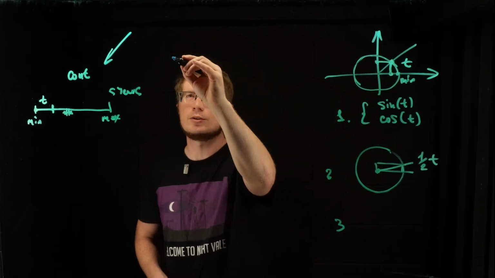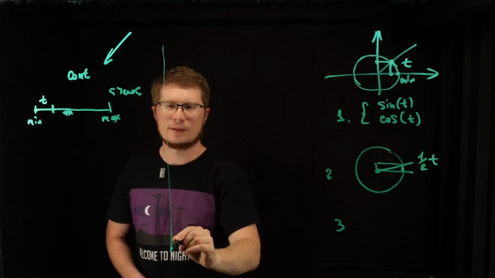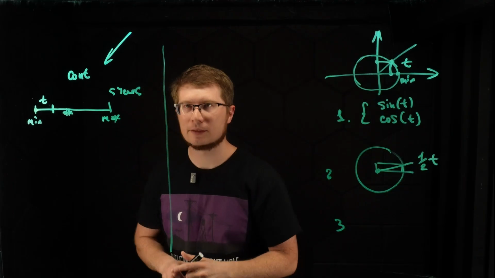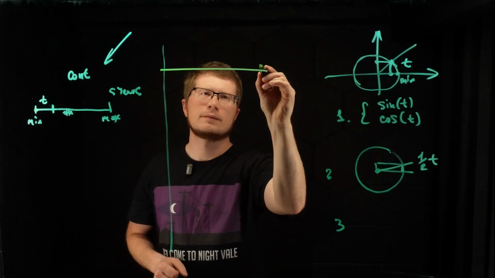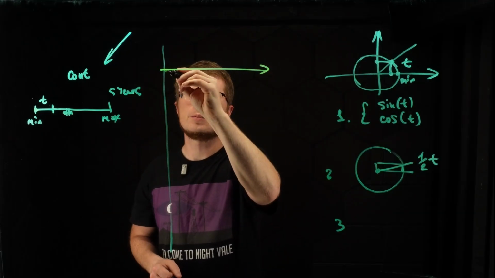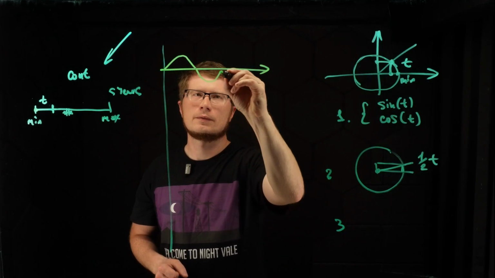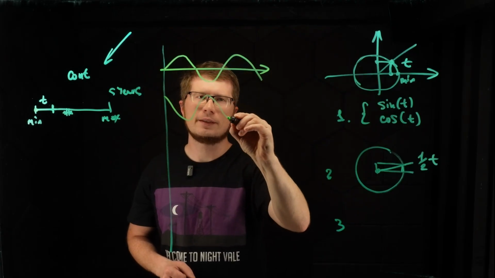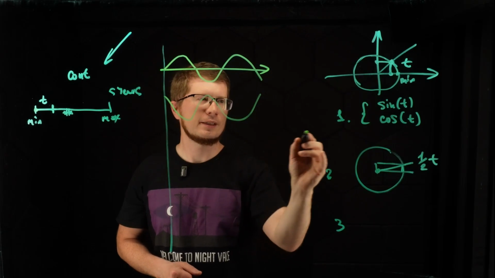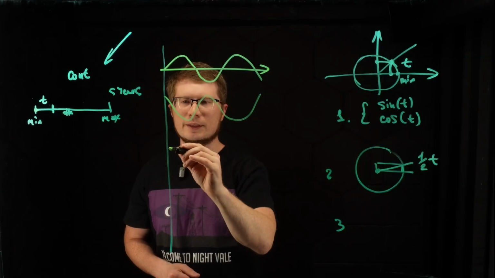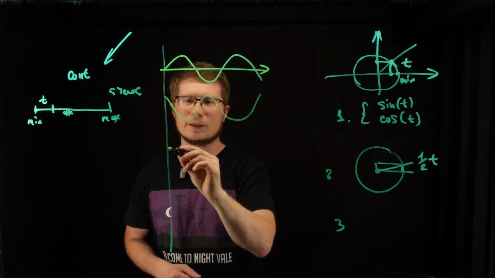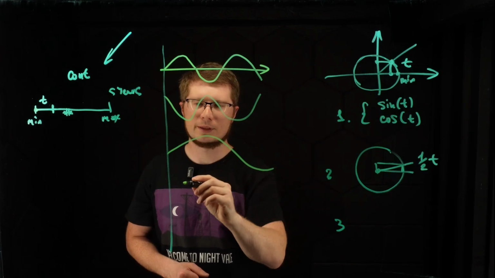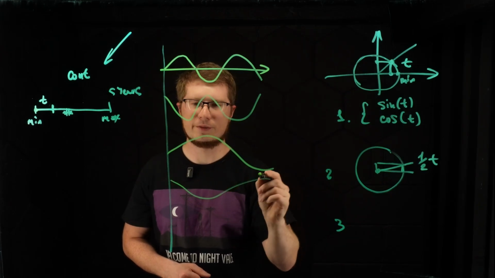And if we draw how the functions look, this is our first component. Then we have cosine, with the same frequency. Then we have the second component, and the frequency will be lower, so it will be changing slower. And the same cosine function.